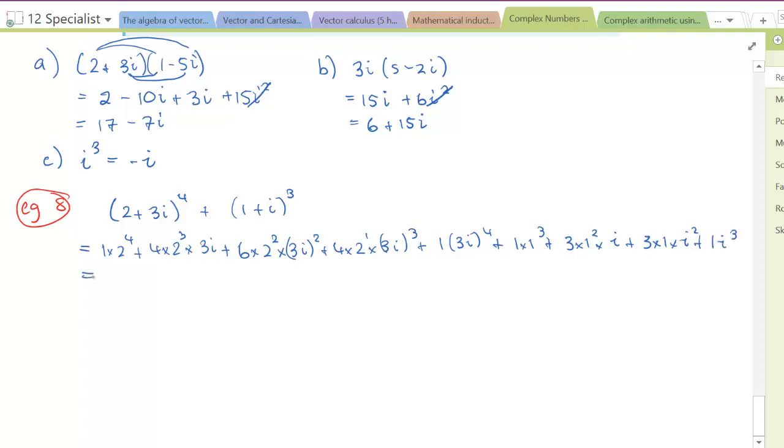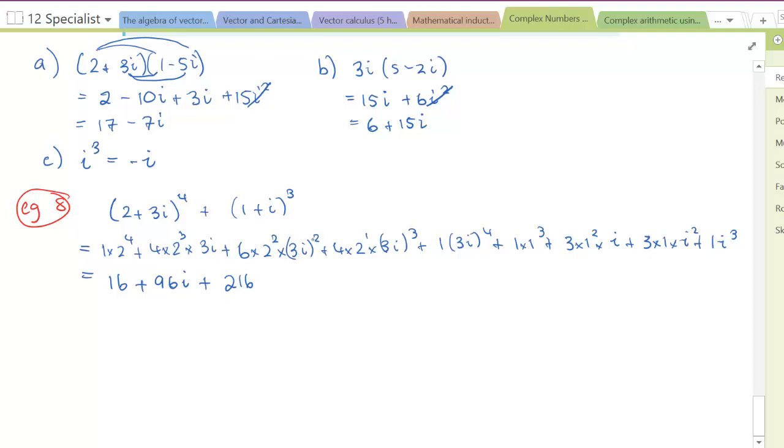When these simplify down, 2 to the power of 4 is 16. 4 times 8 will be 32. 32 times 3 is 96i. We have 6 by 4 by 9. So 6 by 4 is 24. 24 by 9 is 2 times 108, which is 216.